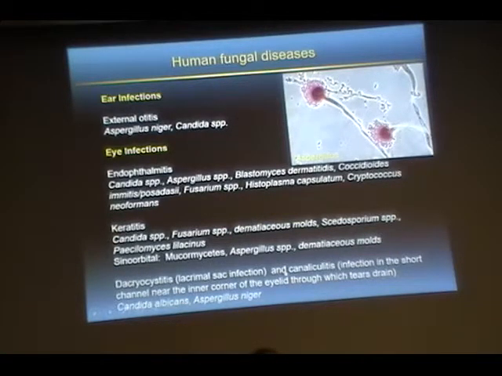So it's called canaliculitis. And mostly it's caused again by Candida albicans and Aspergillus niger. But endophthalmitis and some corneal infections can also be caused by some primary pathogens such as Histoplasma capsulatum and the opportunistic pathogen Cryptococcus.